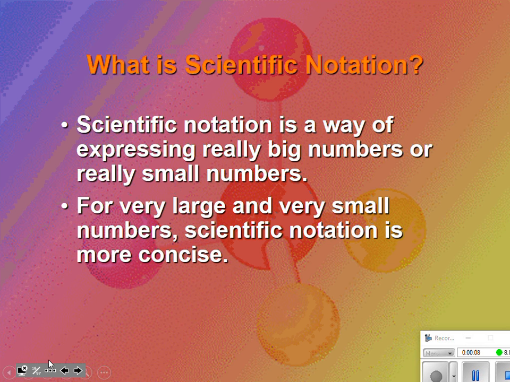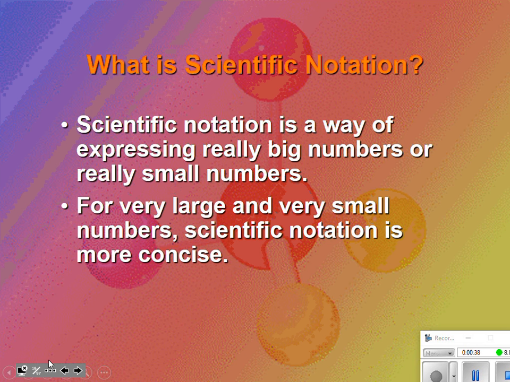So as we start off and coming up on the board, what is scientific notation? Well, scientific notation is a way of expressing really big numbers or really small numbers.